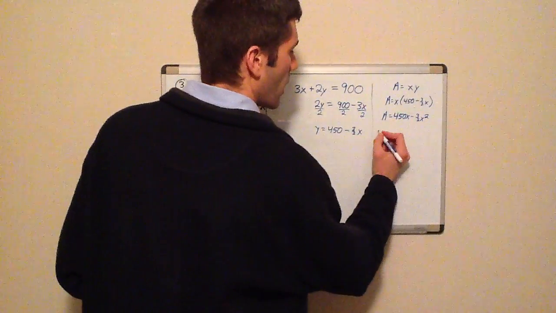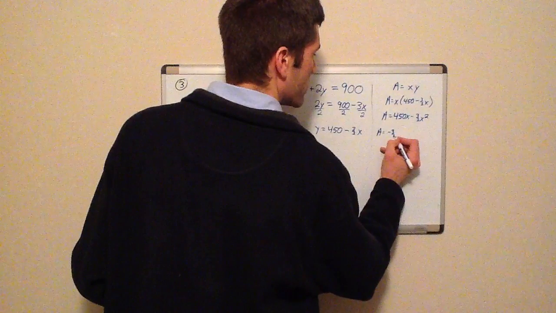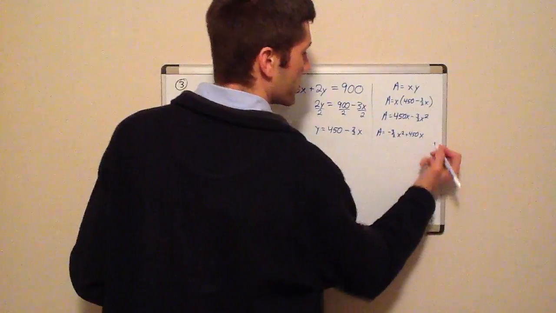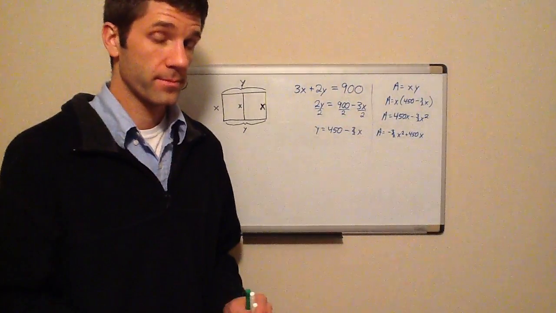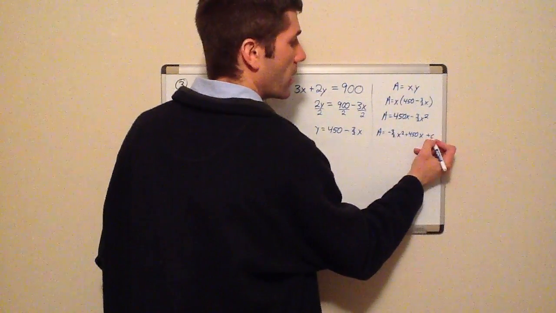Let's put this in order. A equals negative 3 halves x squared plus 450x. That is now in standard form. You have A, you have B, and you have C.